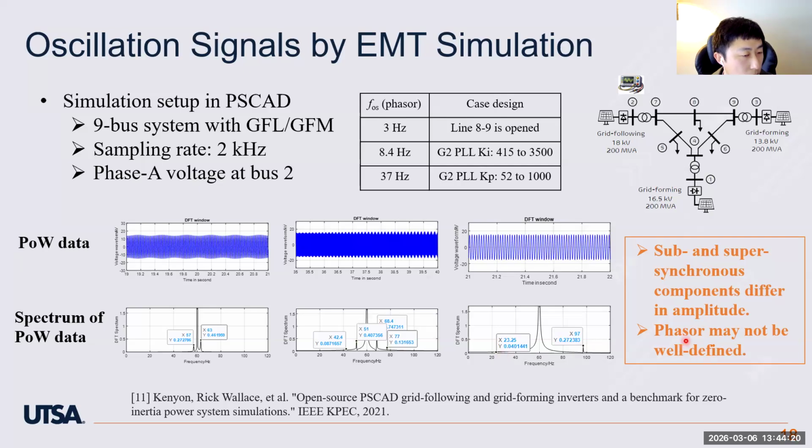And the phasor concept, not just the DFT phasor, may not be able to capture that. The phasor concept may not be a well-defined concept anymore. So we don't know. That's the question here.